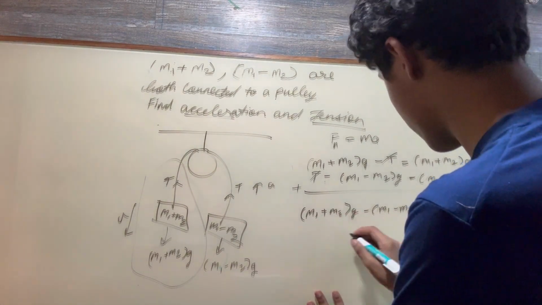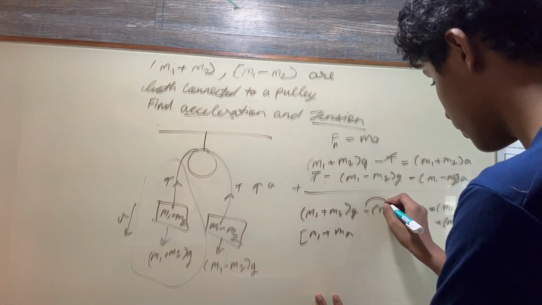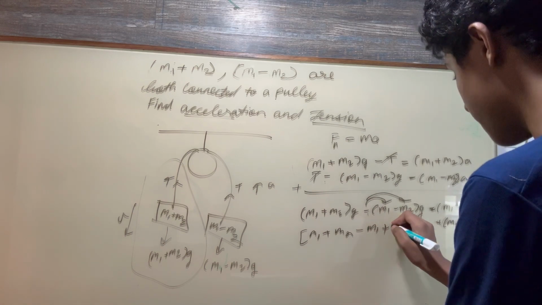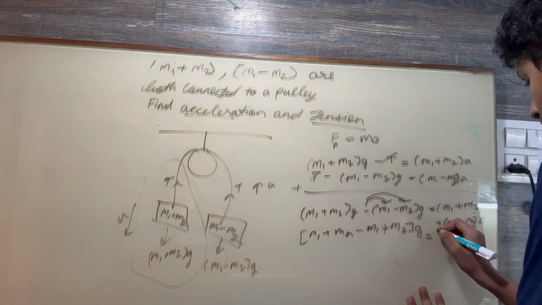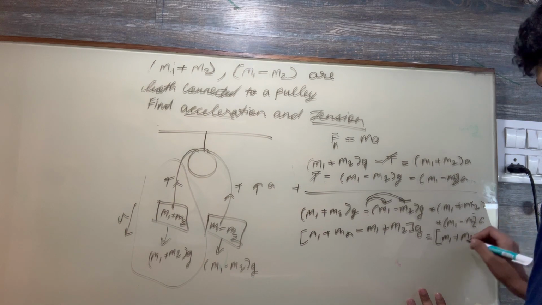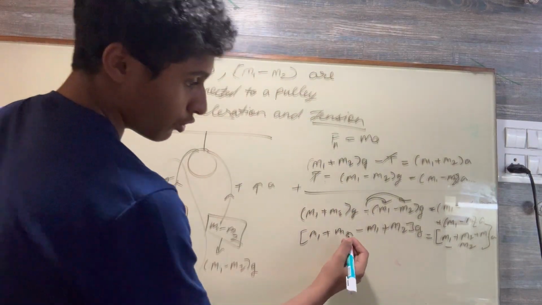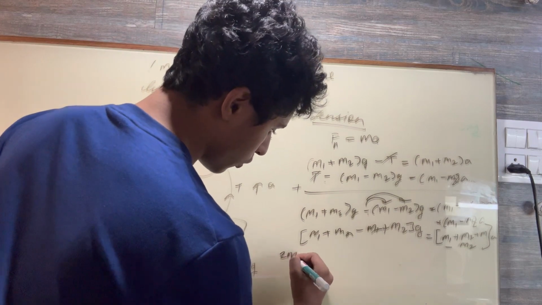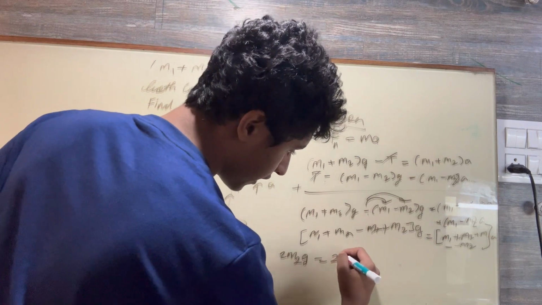If I take g common, I get (M1 plus M2), and here minus into minus becomes plus, so minus M1 plus M2, times g, is equal to (M1 plus M2 plus M1 minus M2) times a. Now M1 cancels on the left and M2 stays, so it becomes 2M2g. On the right, M2 cancels and we get 2M1a.